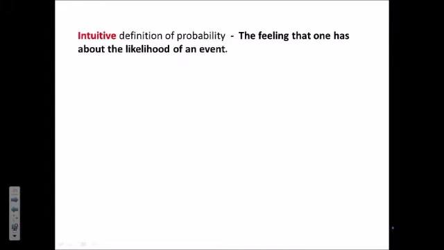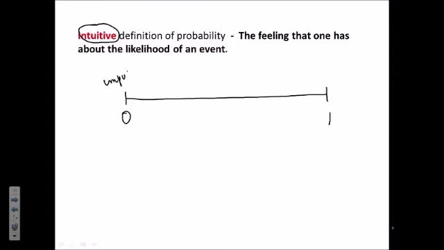Now, there are various ways to look at probability. One is intuitively, just using your intuition. So, for example, let's say here's the probability scale. It goes from 0 to 1. This is impossible. In the middle is an even chance, and 1 is certain.